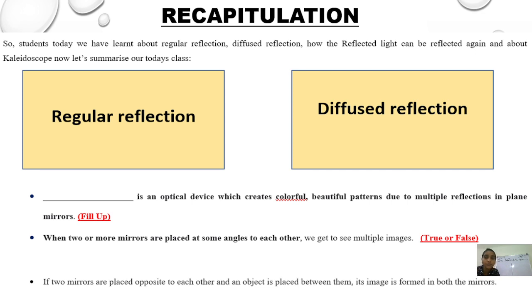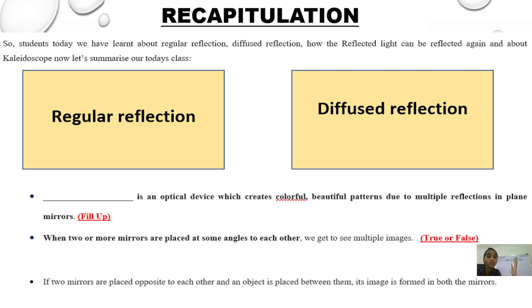And also students, what have we discussed regarding the example of reflected light getting reflected again? Yes, we have discussed the example of the barber shop, right? In that we have seen that a mirror is already placed in front of us, and the barber keeps putting a mirror beside our head, and also one large mirror is there at the back wall.